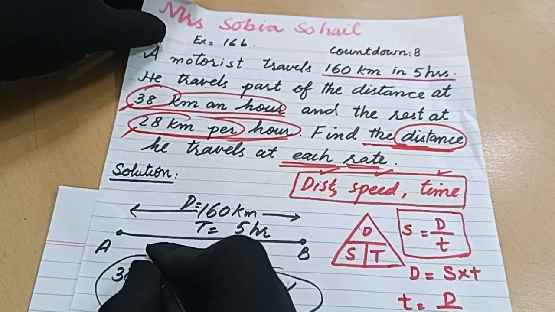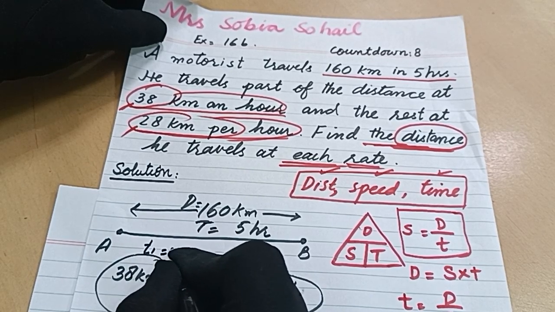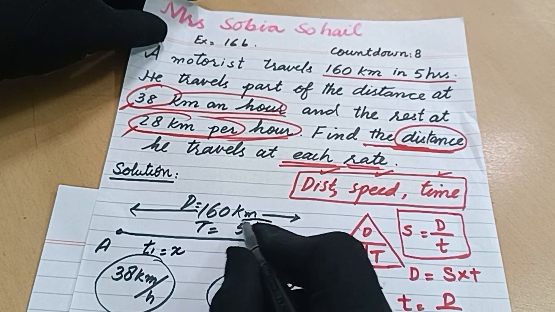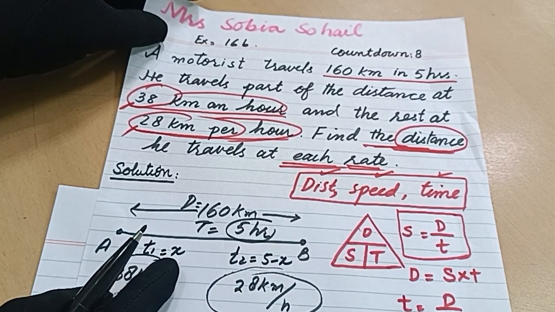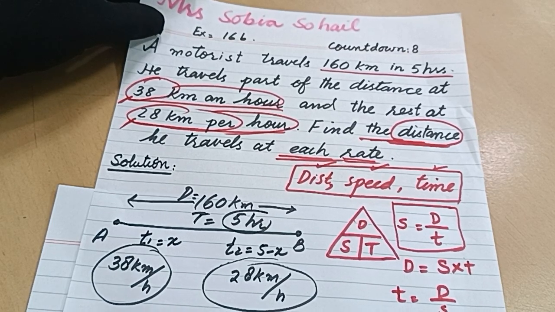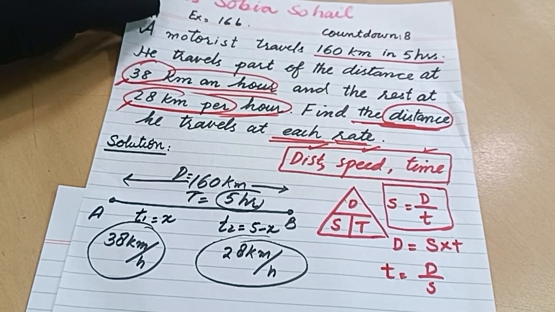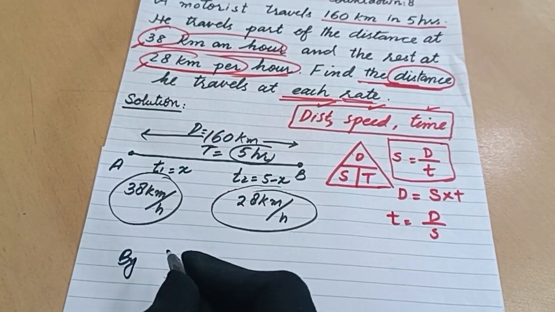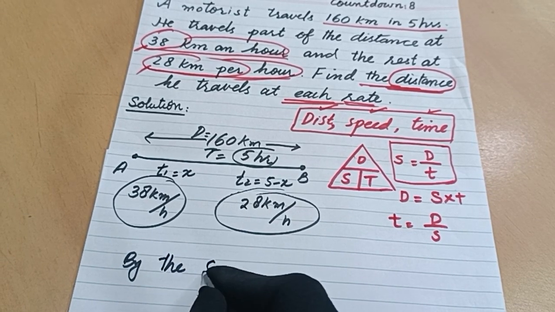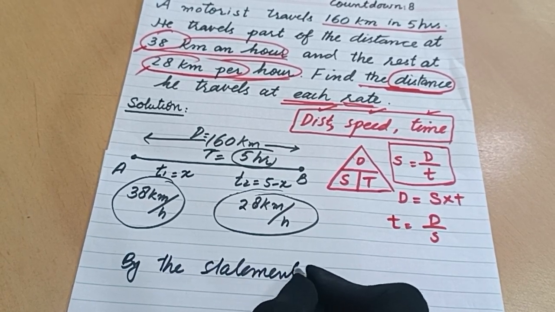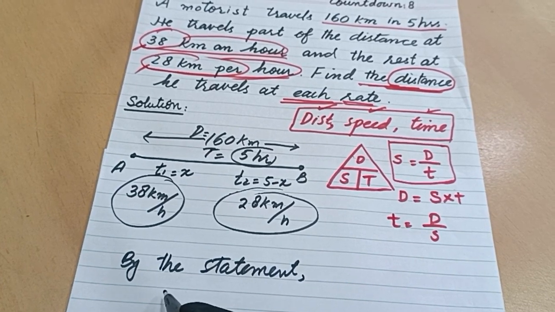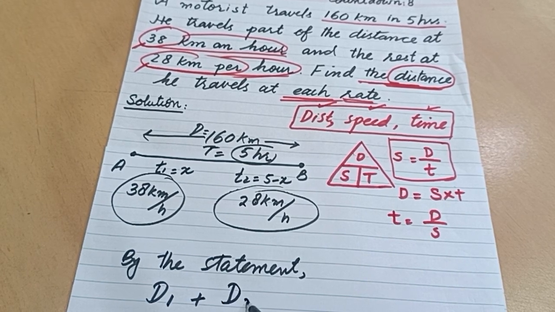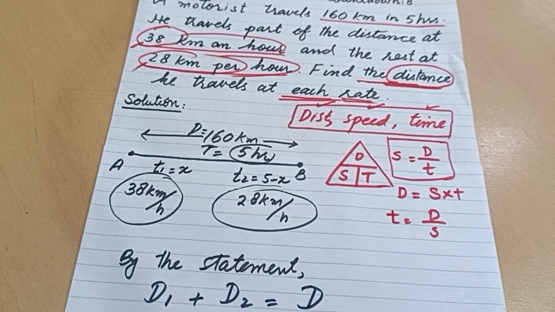Let me take the first time T1 as x. So what will be the second time? The second time will be equal to the total time 5 minus the time taken at this speed, that is 5 minus x. Now we have to form the equation. By the statement, we can get that distance 1 covered at first speed plus distance 2 will be equal to total distance.